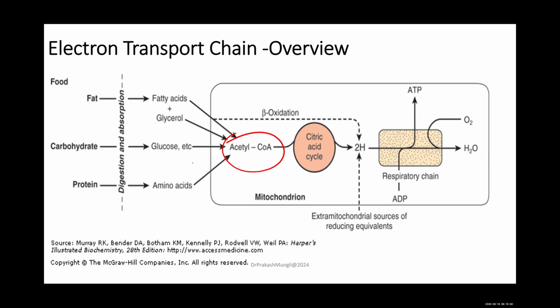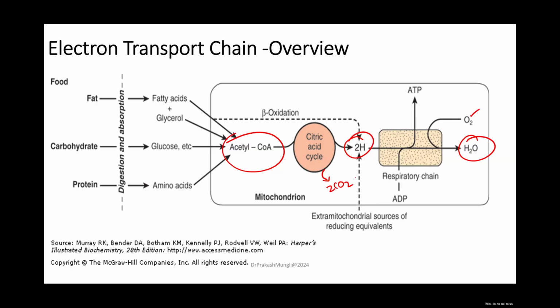As you see there, 2 protons combine with an atom of oxygen and make a water molecule, H2O. And that is what happens. Then, in the TCA cycle, not only are 2 protons released, you also get 2 carbon dioxide for every acetyl-CoA entering.